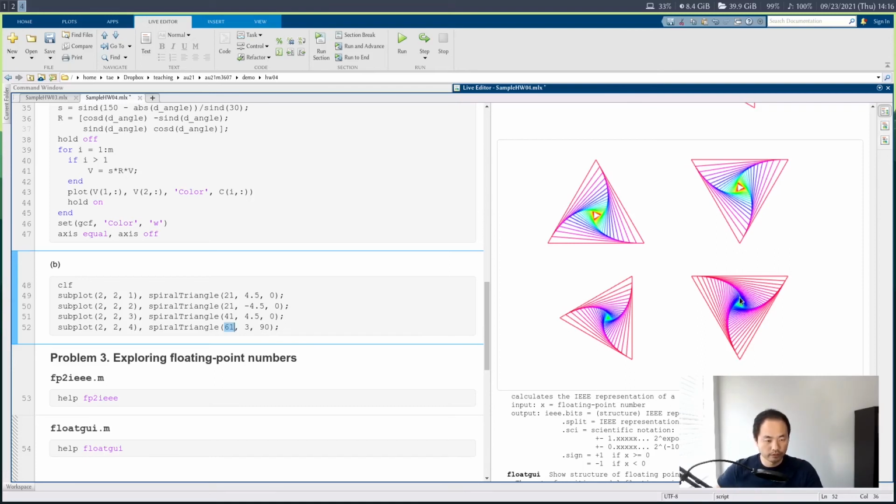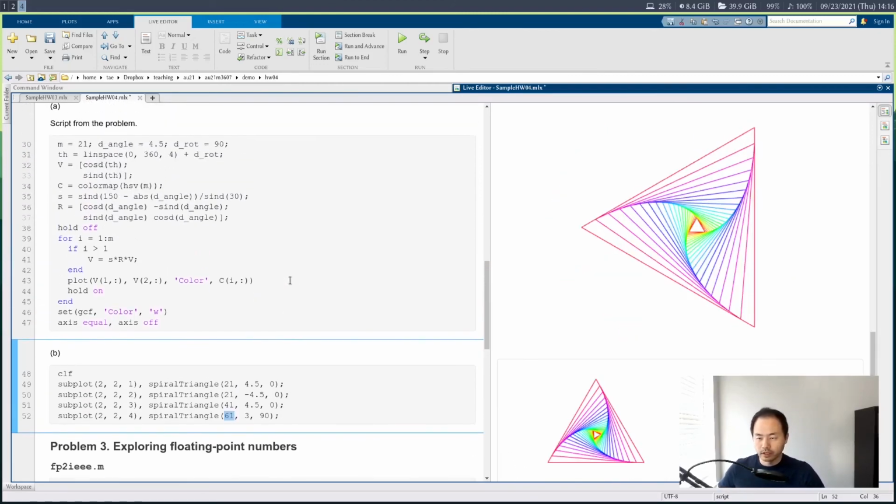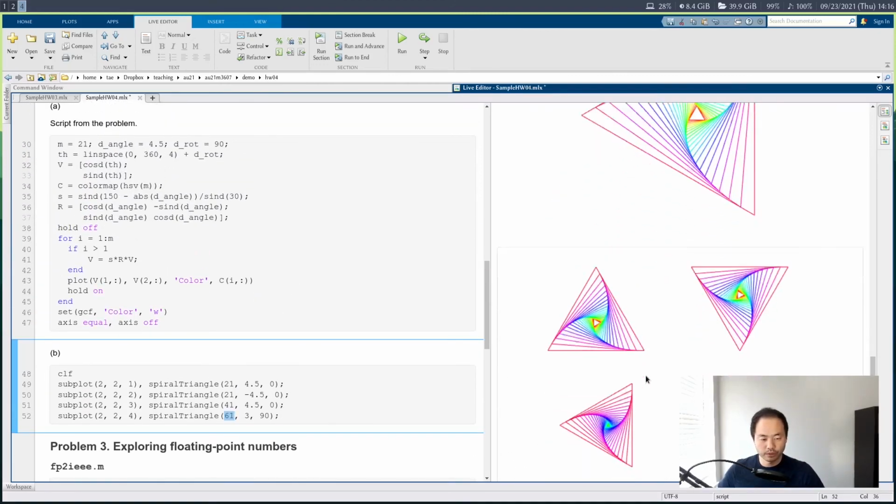So the initial vertex is on the positive y-axis and is rotated 180 degrees. Now it is facing the left, which is the negative x-axis. So a 90-degree rotation from here to there. All right, so that's how you should interpret this result.